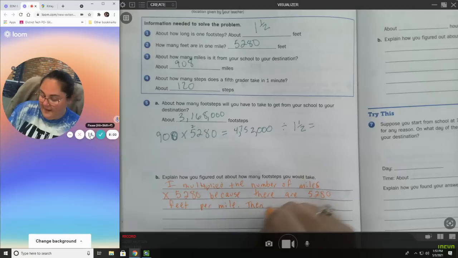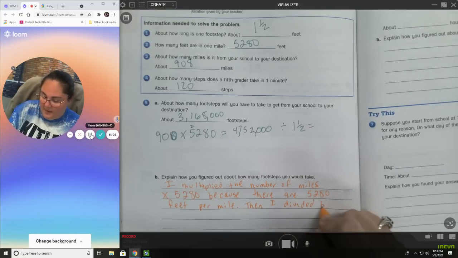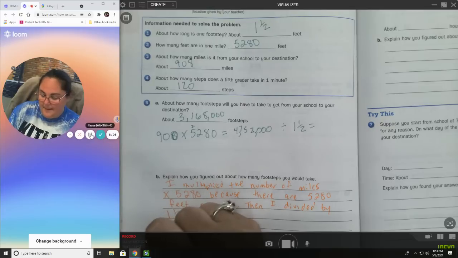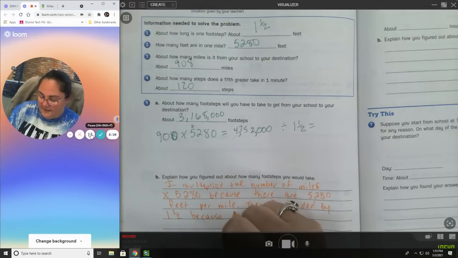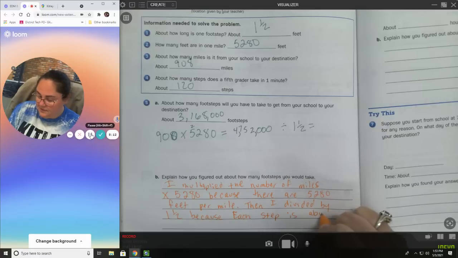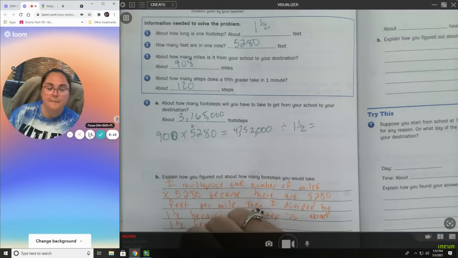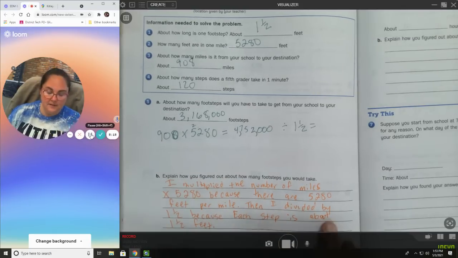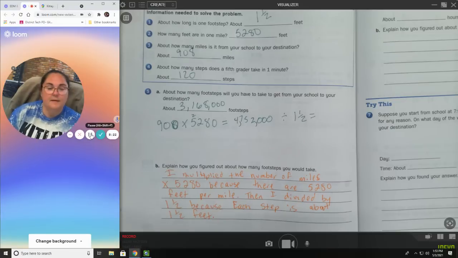Then I divided by 1.5 because each step is about 1.5 feet. That's what I did.